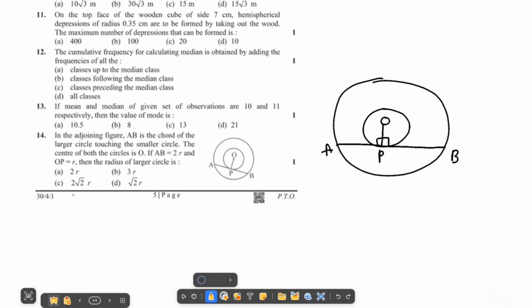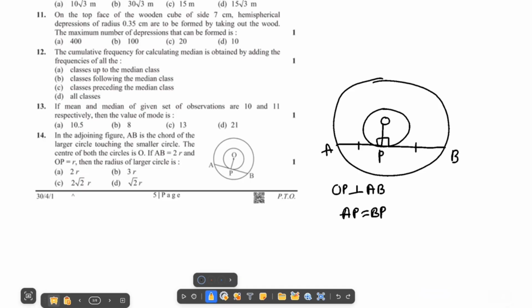That means OP is perpendicular to AB. And we know that the perpendicular line drawn from the center on the chord bisects the chord. OP is perpendicular to AB. Definitely this OP will bisect the chord. That means we will get AP is equal to BP.